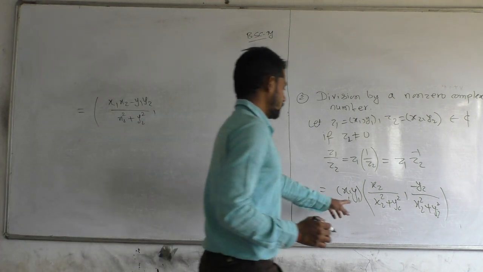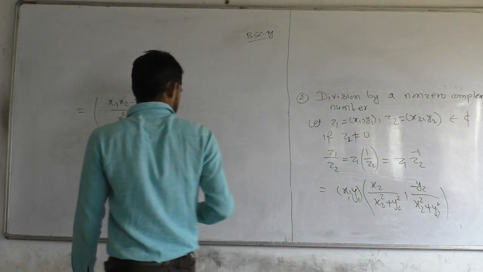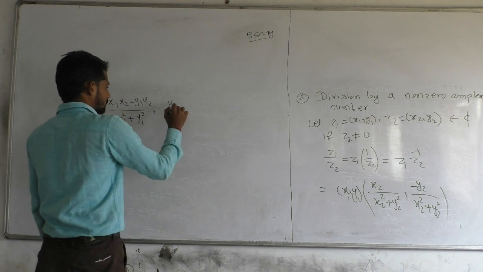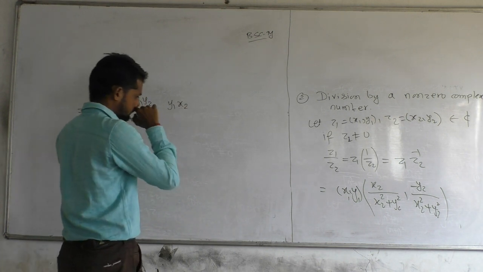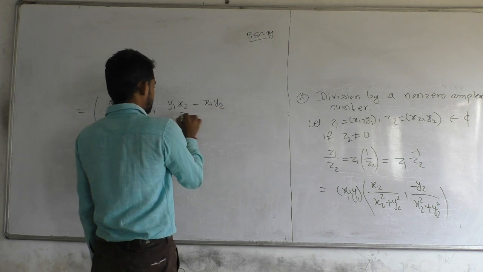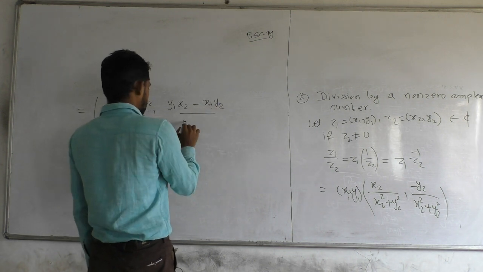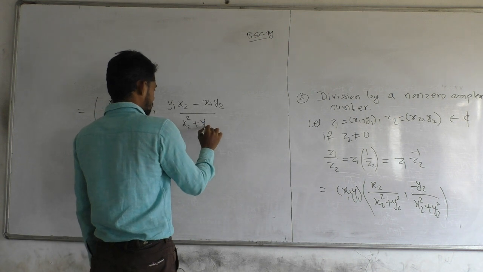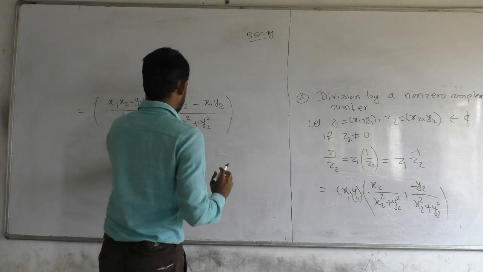Now for the second part, y1 x2 minus x1 y2 divided by x2 square plus y2 square.